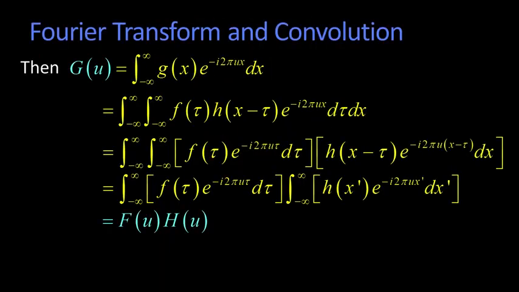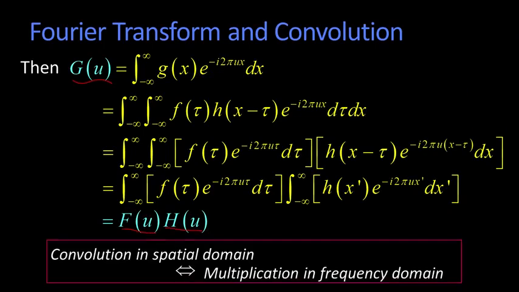Megan laughed when I said F of u, by the way. So G of u is just F of u times H of u. In other words, remember, g was the convolution of f with h. G of u, in the frequency domain, is just the product of the Fourier transforms of f and h.